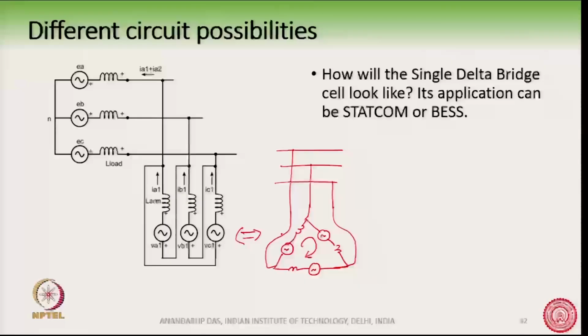Now, how do we play around with these controllable voltage sources is how we make different topologies suitable for different applications. That is an interesting and also unique feature of the converter.